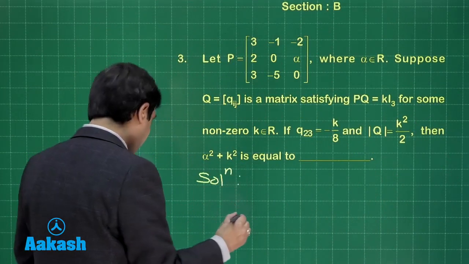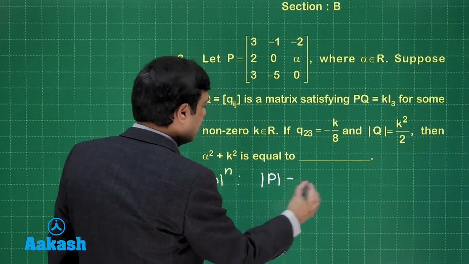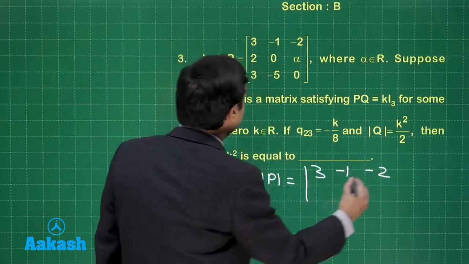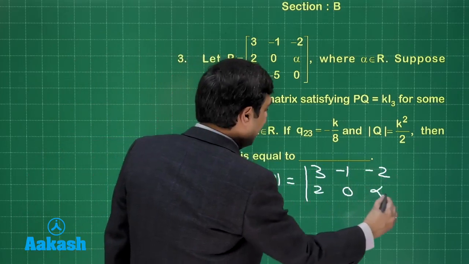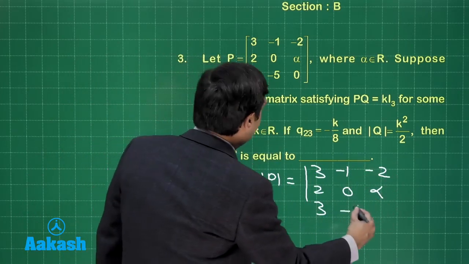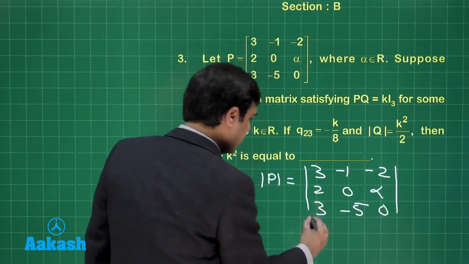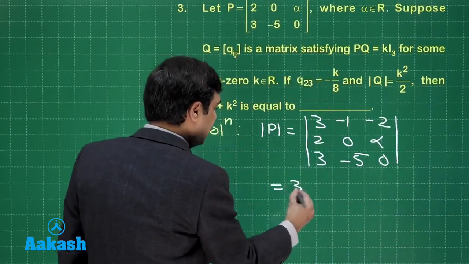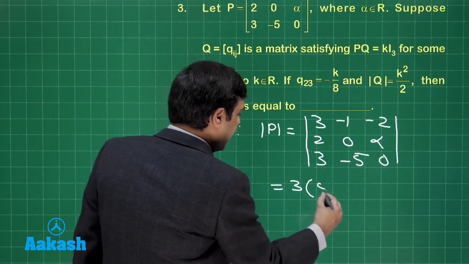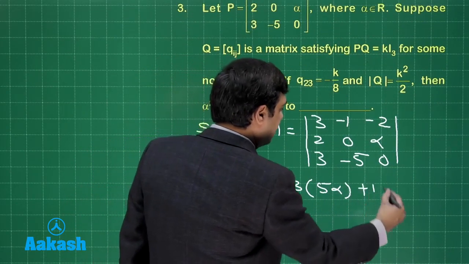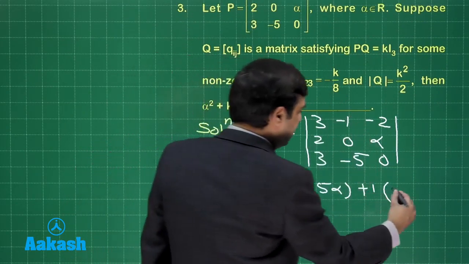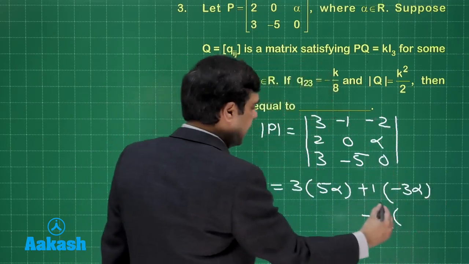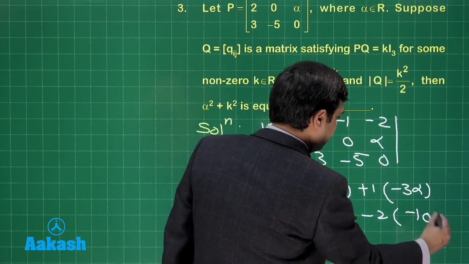If I start with the determinant of P, this would be the determinant with rows 3, -1, -2; 2, 0, alpha; 3, -5, 0. Just simplify it. This gives you 3 times 5 alpha, plus 1 multiplied with -3 alpha, minus 2 multiplied with -10.